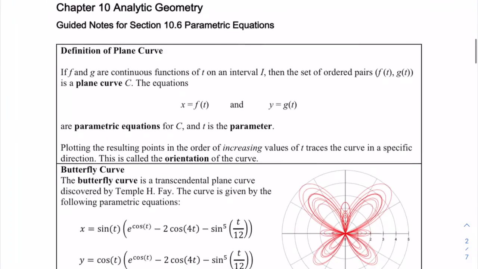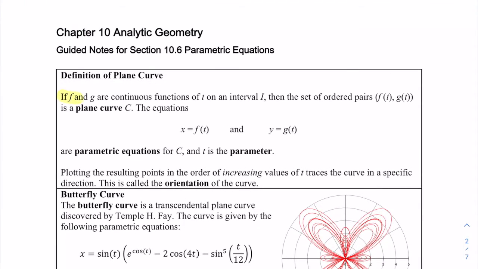So the definition of a plane curve is: if f and g are continuous functions of t on the interval I, then the set of ordered pairs f of t and g of t is the plane curve C. x is described as a function of t, and y is described as a different function of t. These are the parametric equations for C, where t is the parameter.